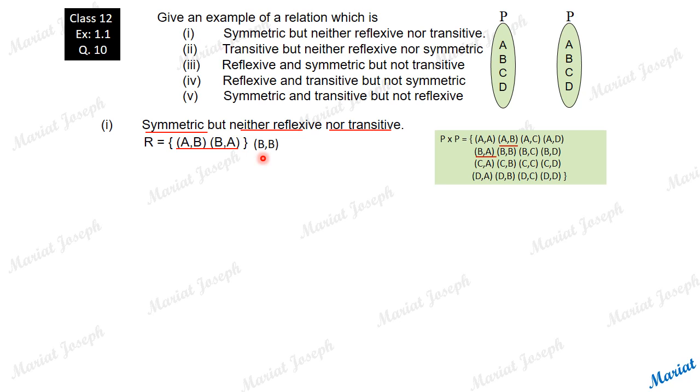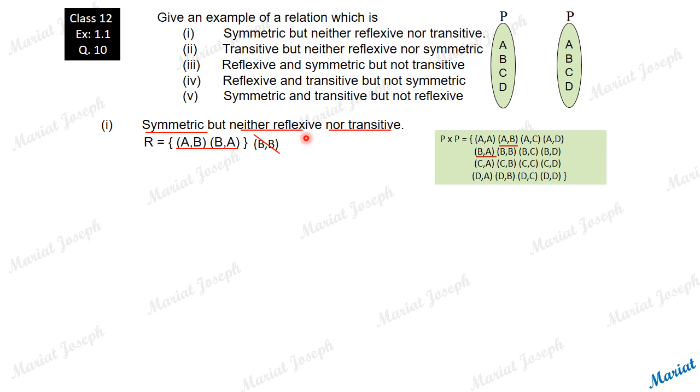So what if we choose another one, BB? Then also there is a problem, because when the pair BA and AB are there, choose BA as the first one, AB as the second one, then comes the element BB present. That also can lead to the transitivity. Hence, we avoid taking BB also.